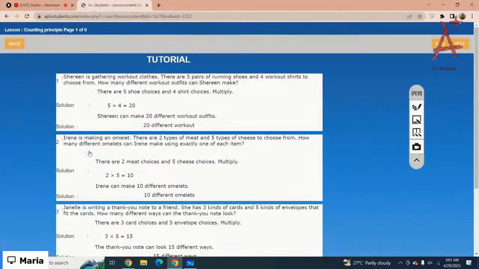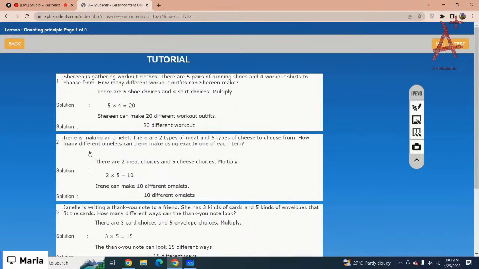Shireen is gathering workout clothes. There are 5 pairs of running shoes and 4 workout shirts to choose from. How many different workout outfits can Shireen make? So basically, you need to calculate the total workout outfits she can make from the 5 pairs of shoes and 4 shirts.